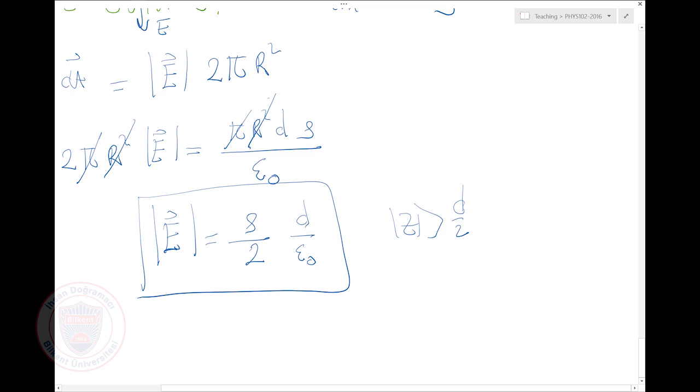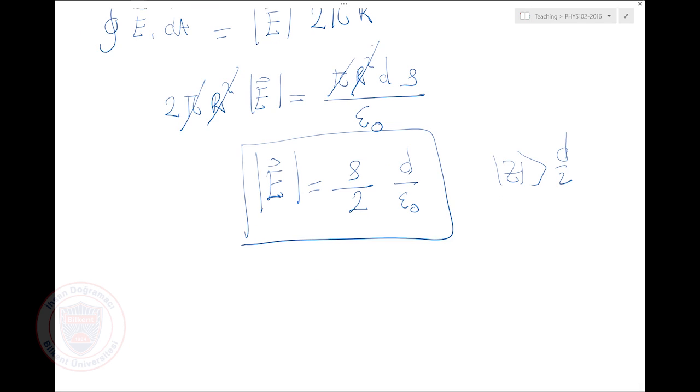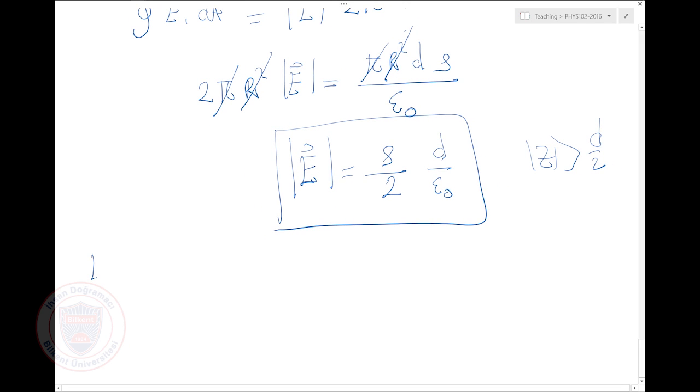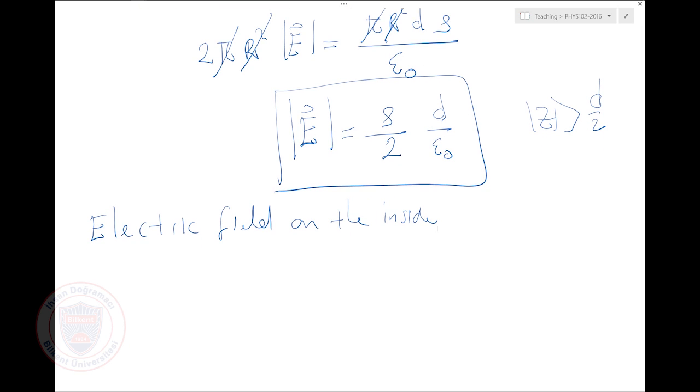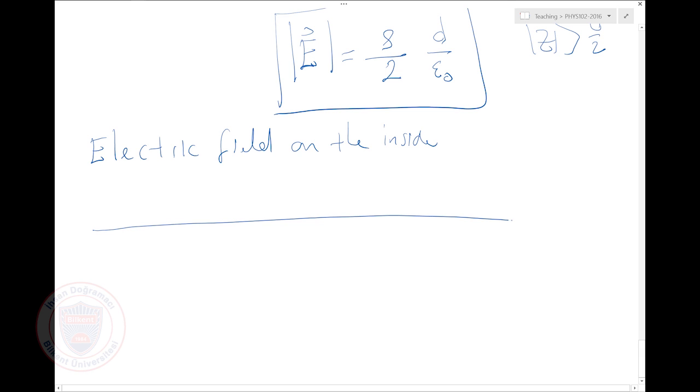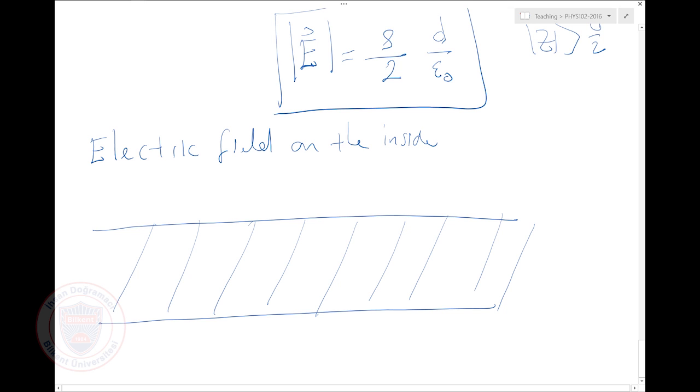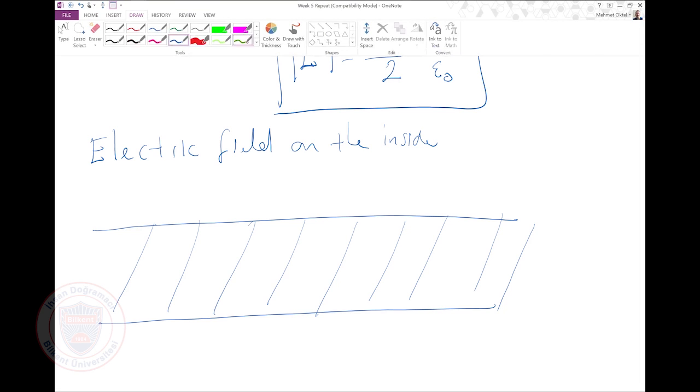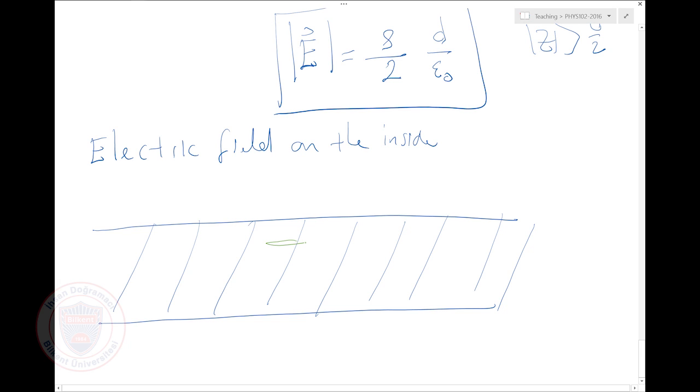Very quickly, let me calculate the electric field on the inside. Now, again, if I take a side view, now I need to take a Gauss surface that lies entirely within the slab.